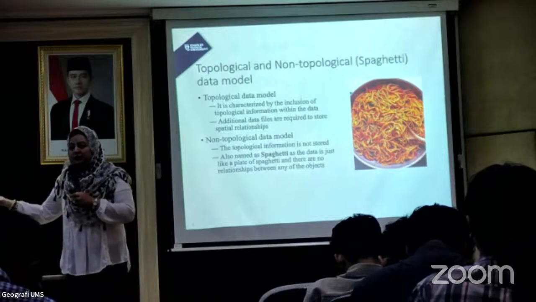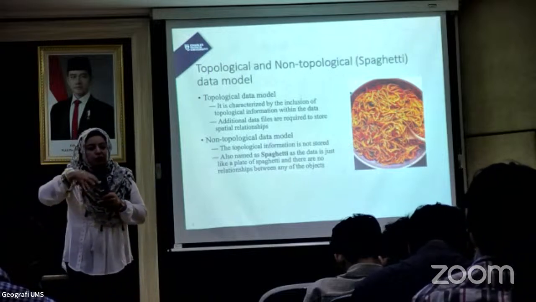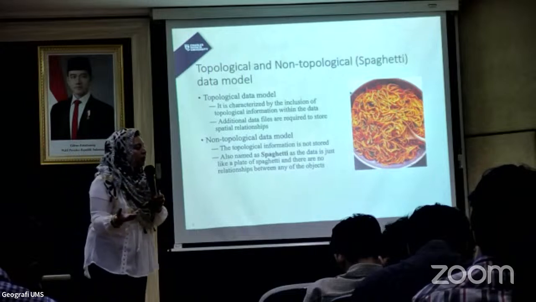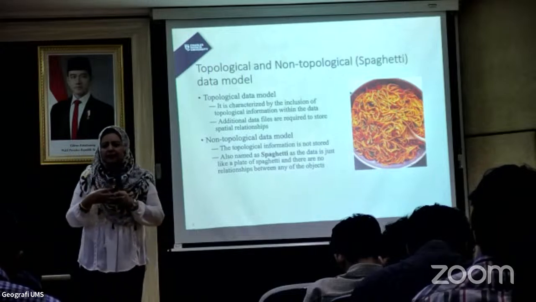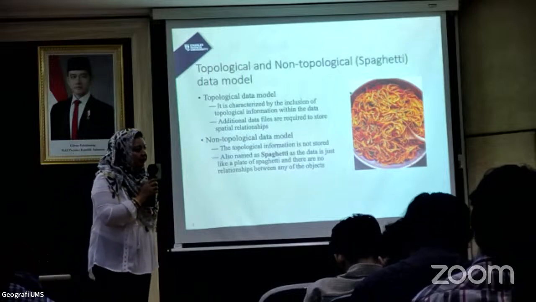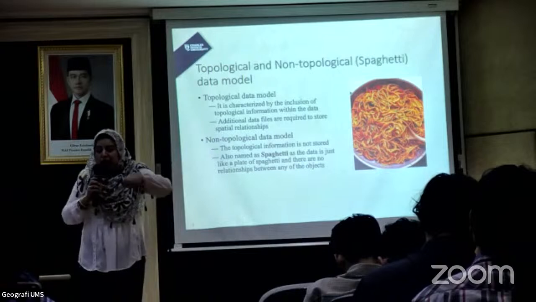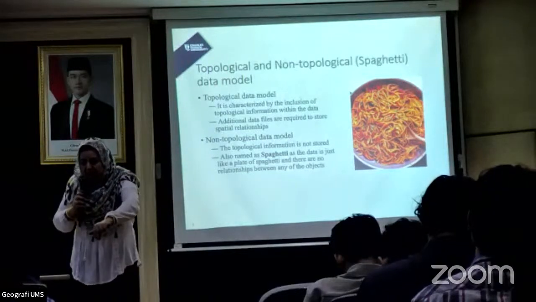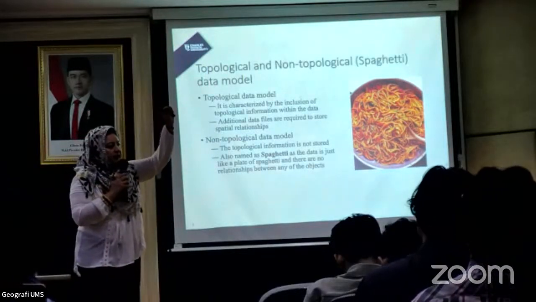You all eat noodles. When you put those noodles on a plate, how do they look? Are they connected? Are your noodles connected, or is each noodle just separate? When you pick up just one noodle, it is separate.